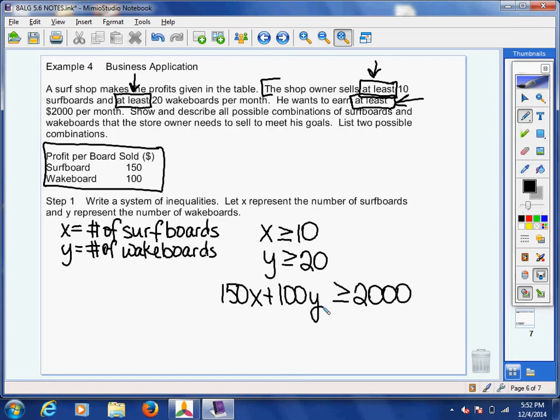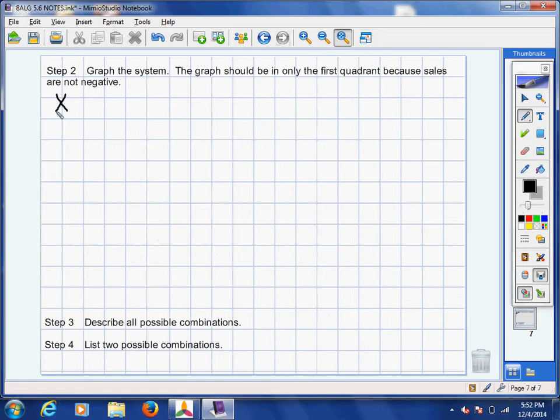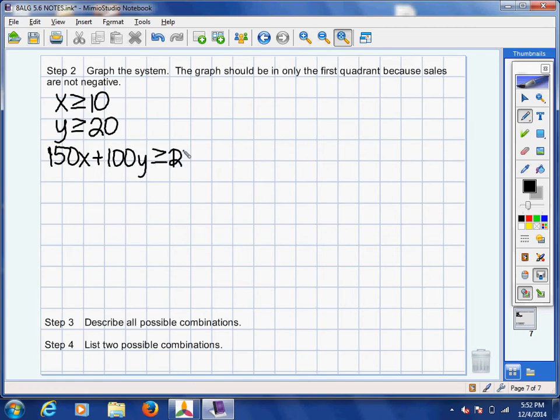Now let's flip to our next page. Okay, we have to graph the system, so let me remind myself of what that was. I think it was 150x plus 100y is greater than or equal to $2,000. Yep. Okay, so you may want to color code this, and for that standard form, I would go ahead and solve for the x and y intercepts.